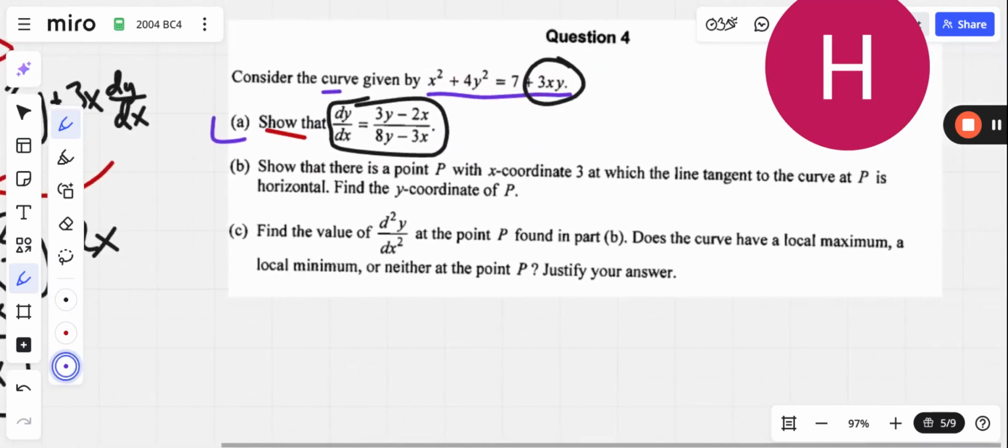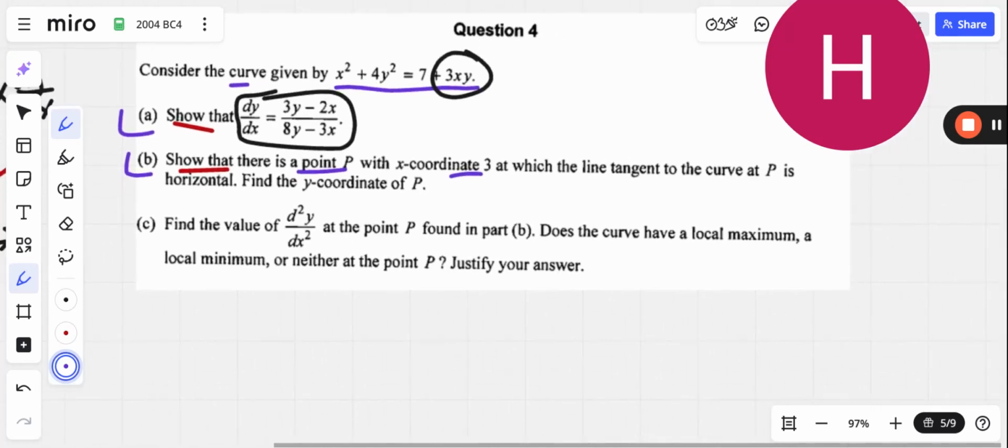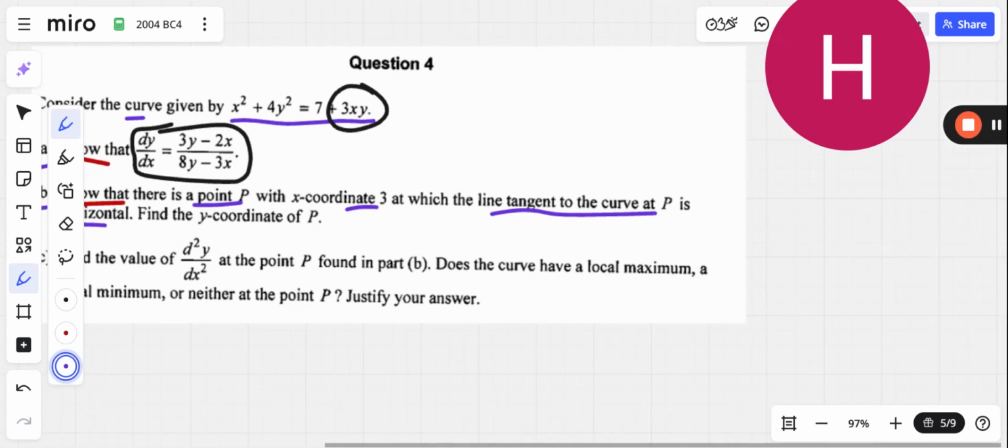Let's take a look at part B. We also want to show that there is a point, okay, so we're looking for an x-y point with x-coordinate 3, at which the line tangent to the curve is horizontal. That is telling us something very important.